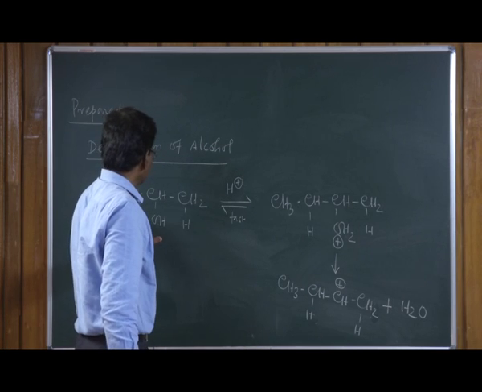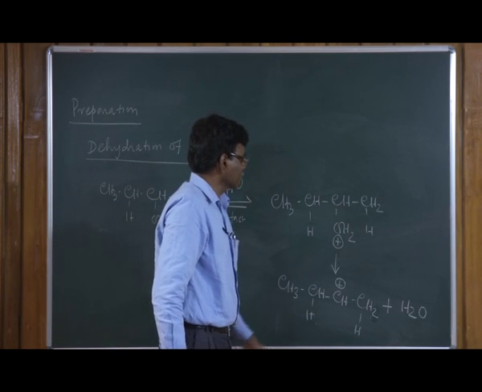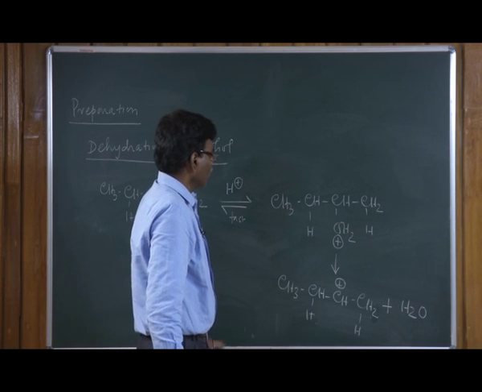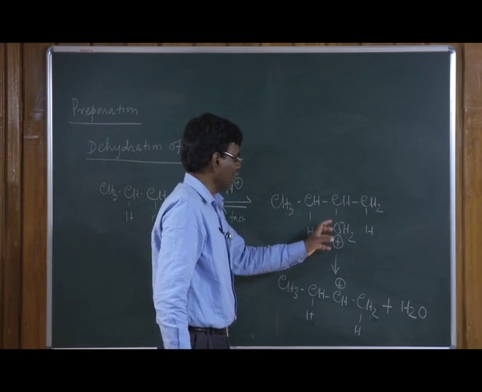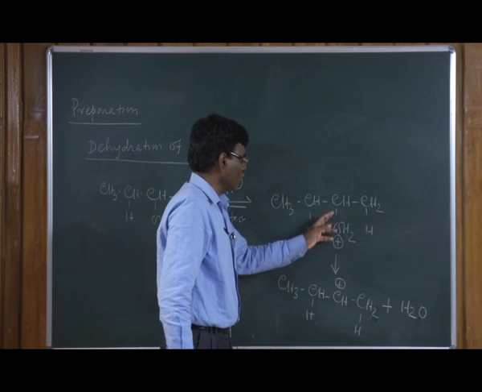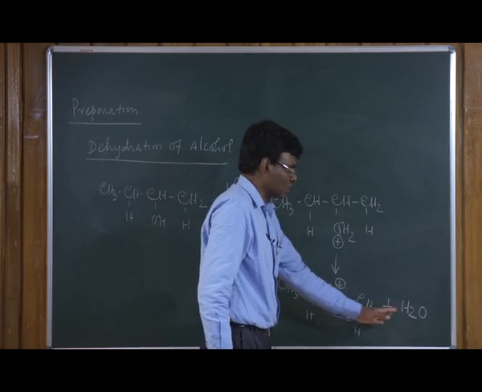So, the OH becomes this species, called an alkyl oxonium intermediate. Once you form this intermediate, the C-O bond cleavage takes place and you generate a carbocation intermediate plus water.